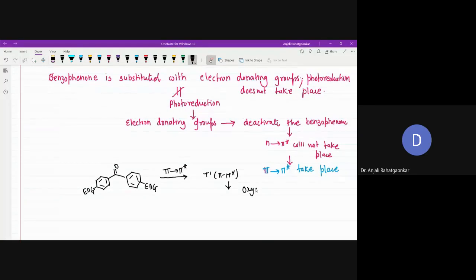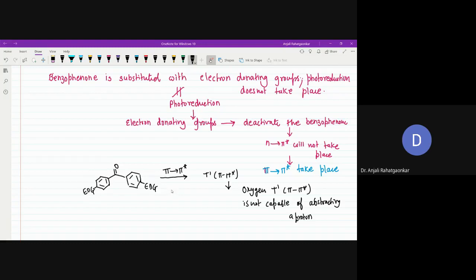the oxygen in the T1 pi-pi transition is not capable of abstracting a proton. See, everything is there.